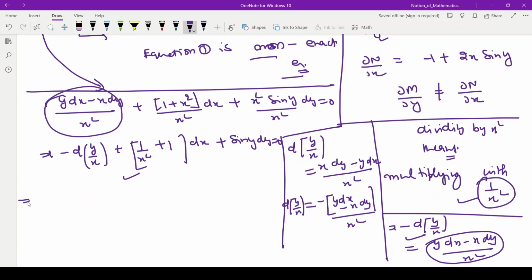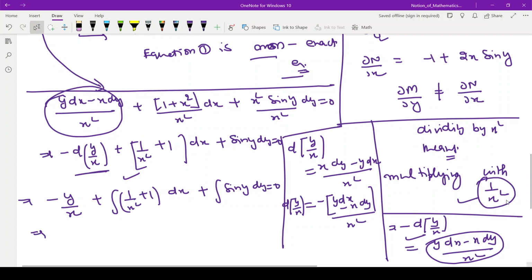So I am integrating this whole equation. If you integrate the first term, you will get minus y upon x, plus the second term, which is integration of (1 upon x square plus 1) with respect to x, and integration of sine y dy, equal to 0.